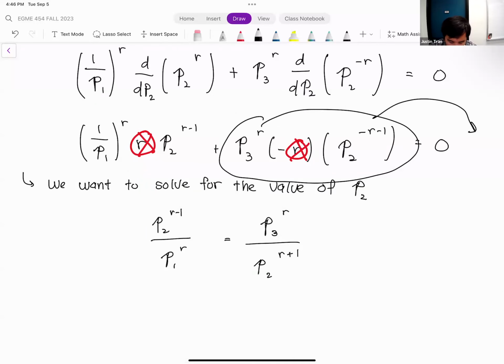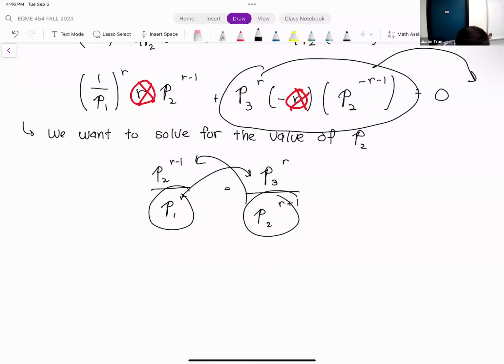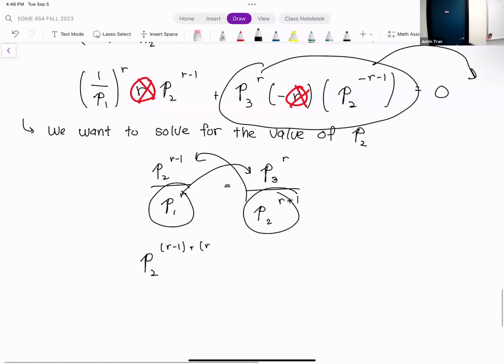So let's go ahead and perform a switcheroo. We're going to multiply both sides by P1 to the R. So I'm basically going to move this into the numerator here, and then I'm going to move this into the numerator up here. Okay. And so we have P2, and when you multiply two terms with different exponents, remember, you add their exponents together. So here we have P2 raised to R minus 1 plus R plus 1, is equal to, and together here, P1 times P3 raised to the R power.